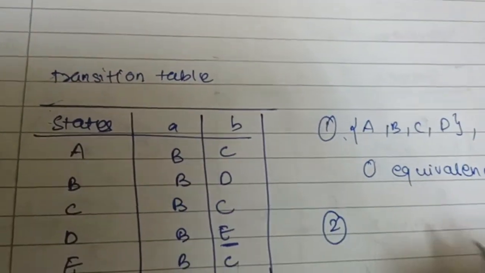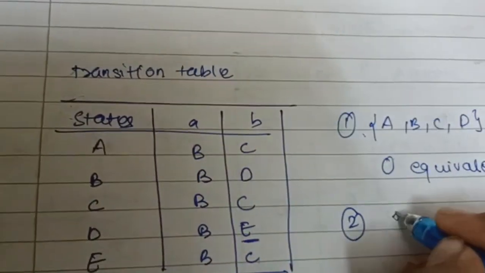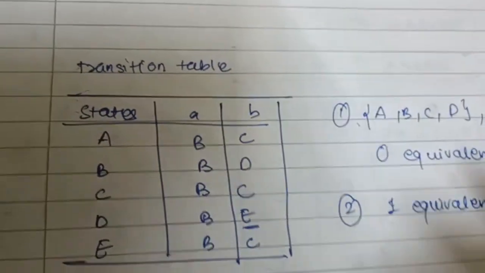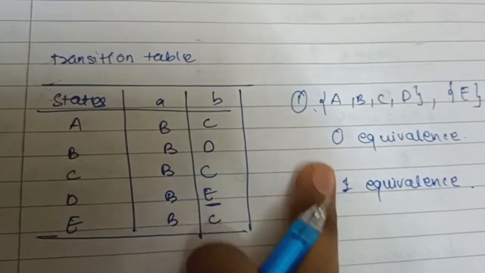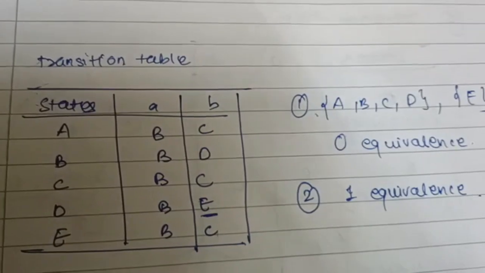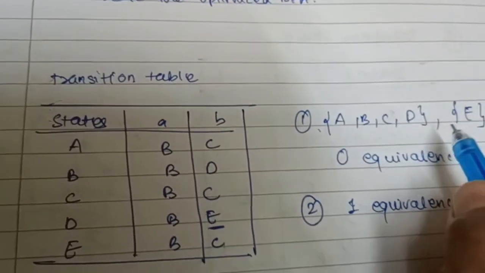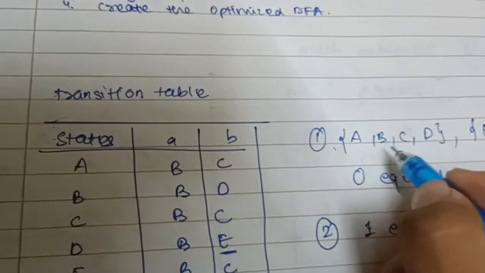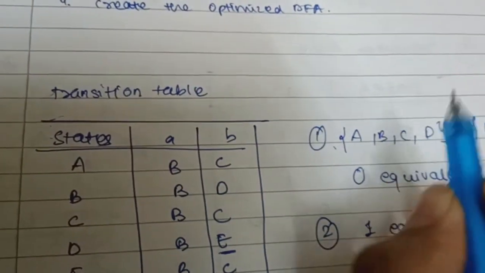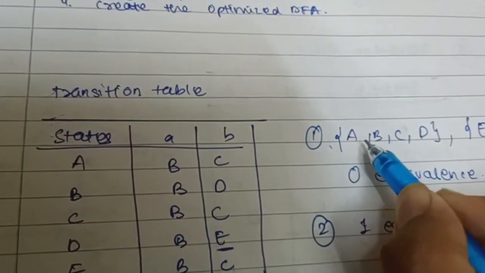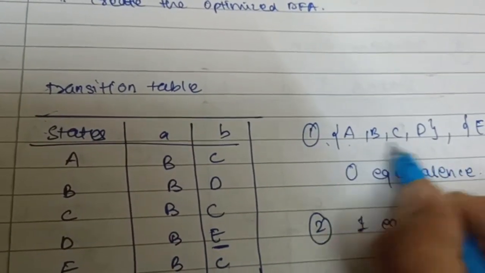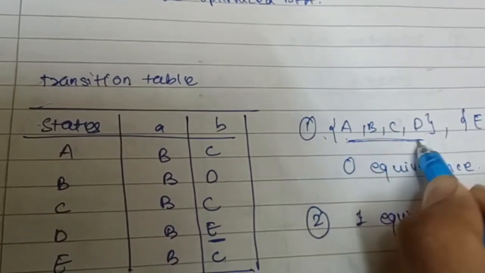In the second step, we need to find the one equivalence. After finding the zero equivalence, all subsequent equivalences are formed by checking if there is an equivalent transition between the states of this group.